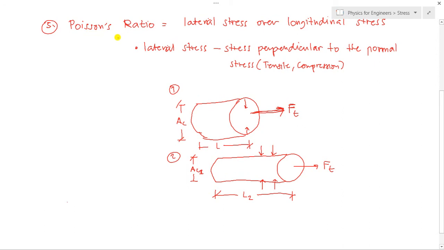Mao gayod ang Poisson's ratio kay iya i-determine kung unsa ka sturdy ang ato ang material. Now kung dako kag Poisson's ratio, ikaw Mr. Pagas, unsay indication ana kung dako tag value sa atong Poisson's ratio, because Poisson's ratio I think E man siguro na is equals to the lateral stress all over the longitudinal stress.